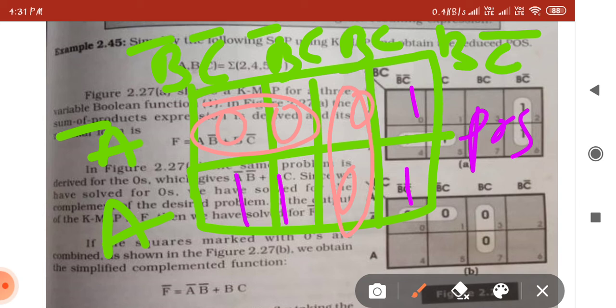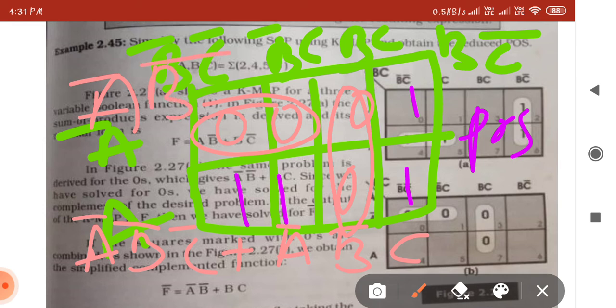A bar B bar C bar plus A bar B bar C. A bar B bar is one equation.